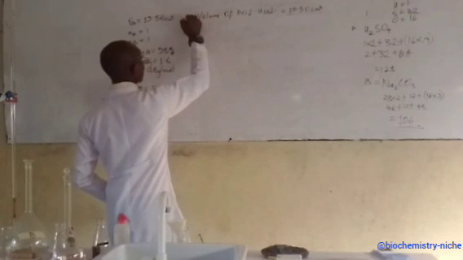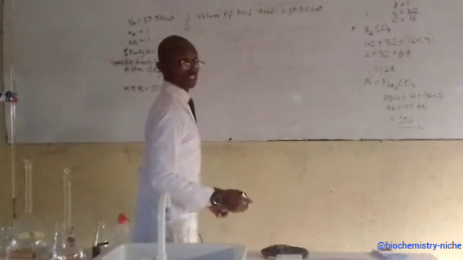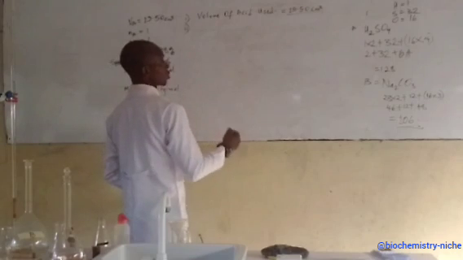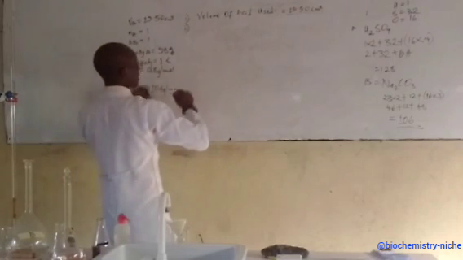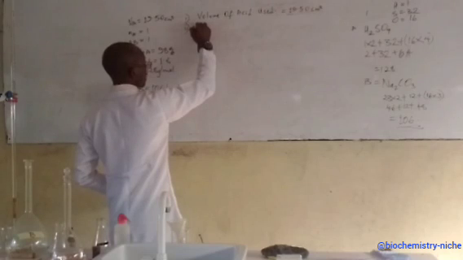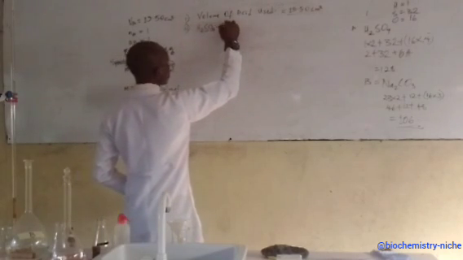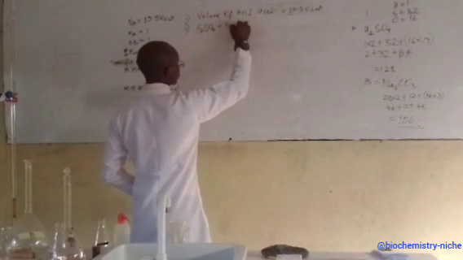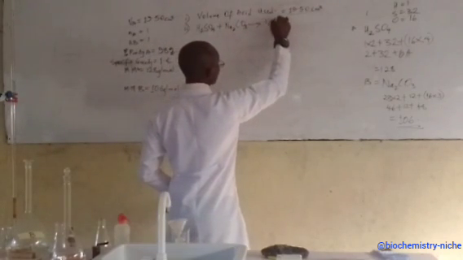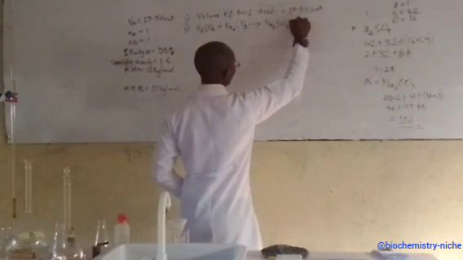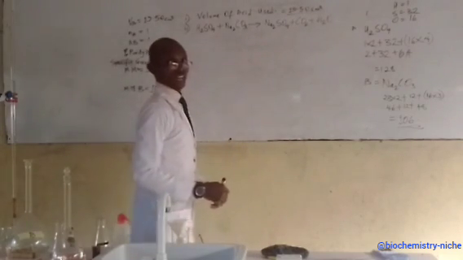And then the next question said we should give an equation for the reaction. That was what we did earlier on, which we were able to use to get our NaNB. So this is the reaction: H2SO4 plus Na2CO3 to give us Na2SO4 plus CO2, and then water is being released.